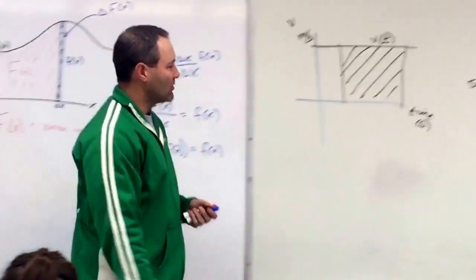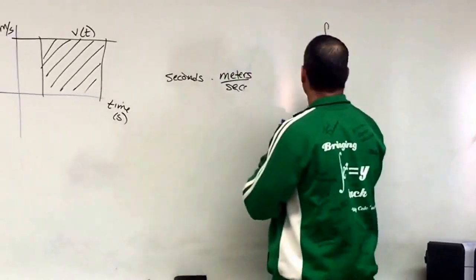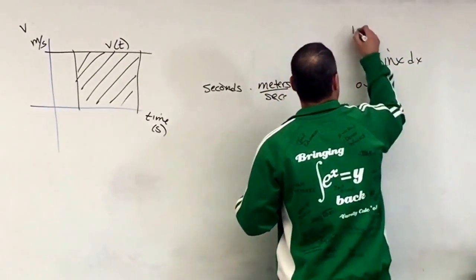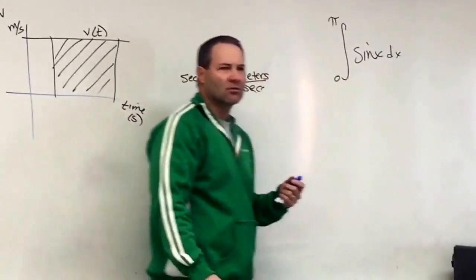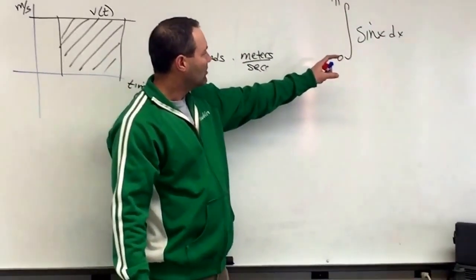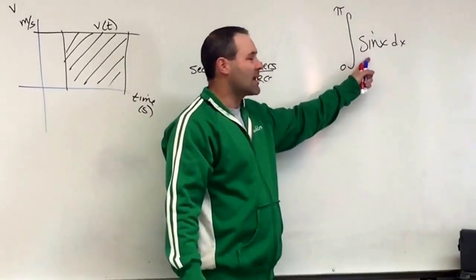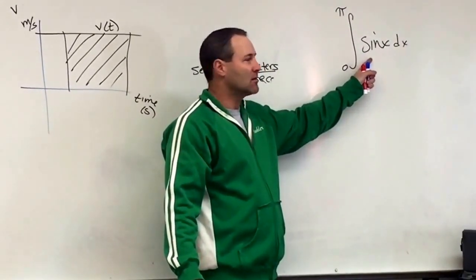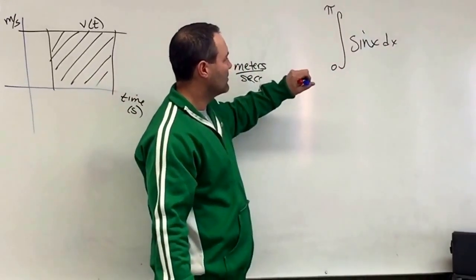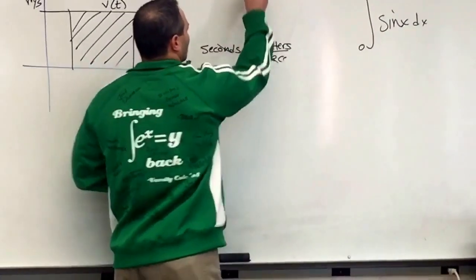So can we integrate sine x dx from 0 to pi? Wasn't that what we said was 2? If we know the antiderivative of sine, then we can evaluate it from 0 to pi, and that will give me the area underneath the curve.